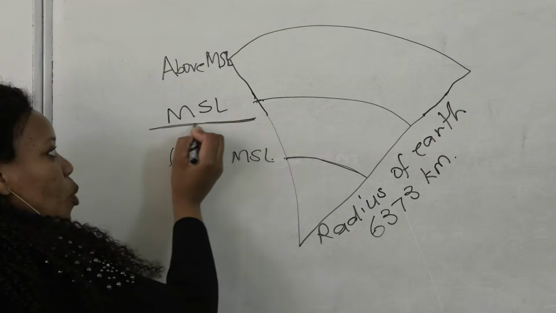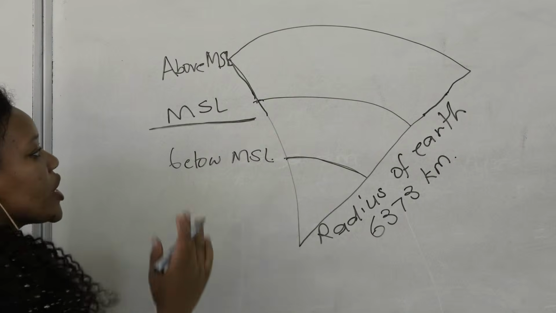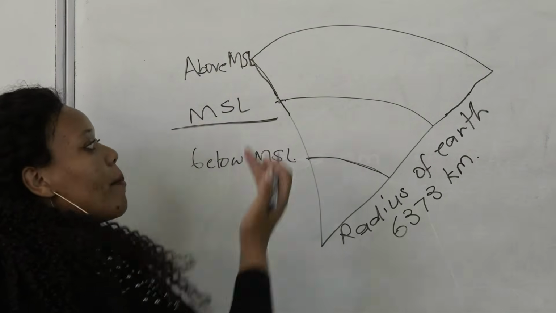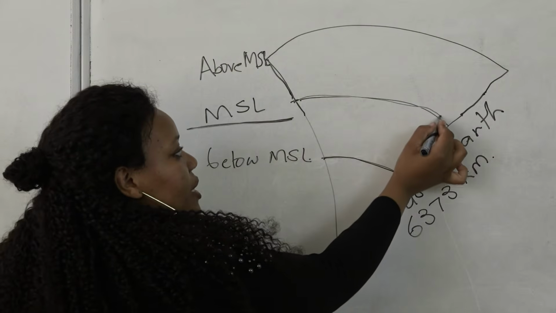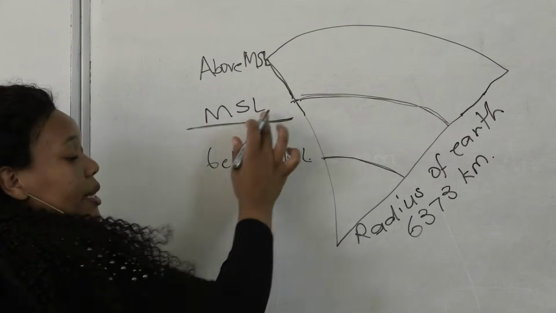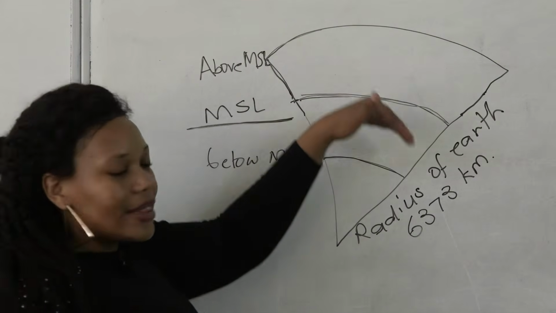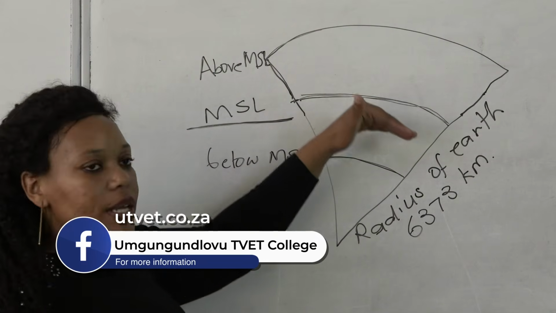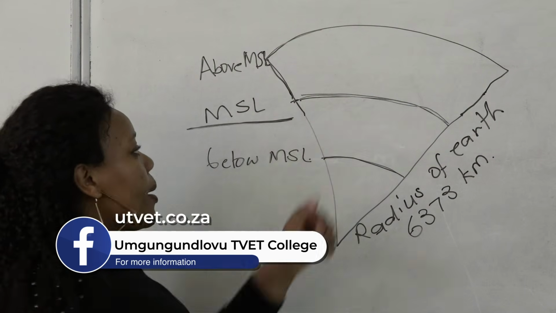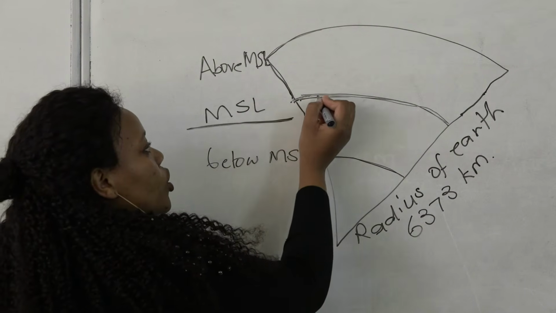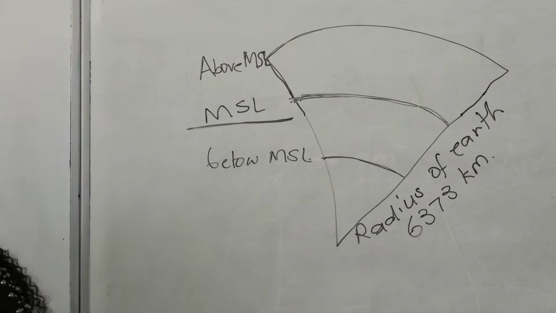So the distance was measured above the main sea level, which means we need to minus the correction, because this arc here, which is above the sea level, is greater than the arc at the main sea level. That's why we should minus the correction from the length, okay? Because we want our measurement at the main sea level.